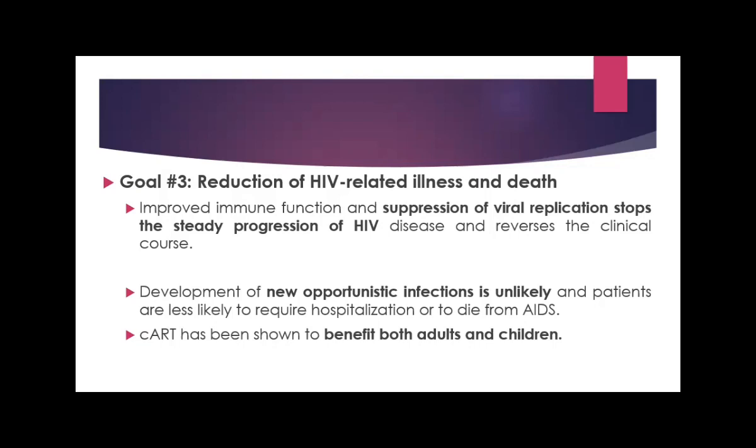As the immune system improves and the patient achieves viral suppression, the replication of the viruses will stop and prevent the HIV disease from going into the latter stage, which is AIDS. With this, the health of the patient will improve and HIV-related illnesses and deaths will be prevented.